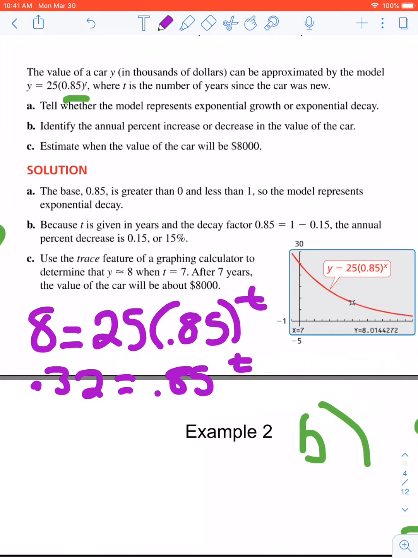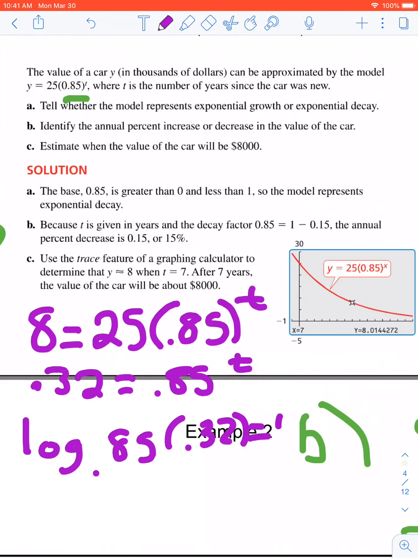Well, this is an exponential equation, so I'm going to change it to a log equation to solve. So I'm going to get log base 0.85 of 0.32 equals t. When I type that in my calculator, your base is 0.85, so make sure you type that in correctly. I hit enter, and I get t is approximately a little over 7 years, but 7.